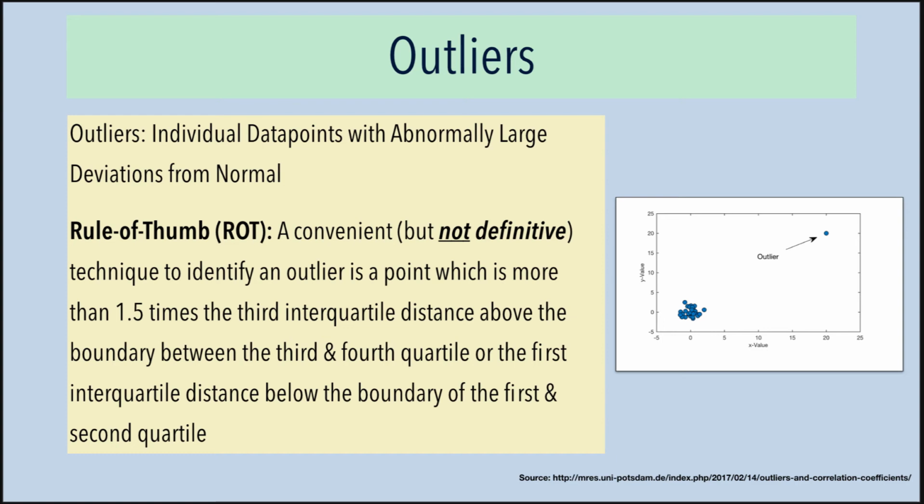A convenient but not definitive technique to identify an outlier is a point which is more than 1.5 times the third interquartile distance above the boundary between the third and fourth quartile, or the first interquartile distance below the boundary of the first and second quartile. You might pencil that out. It's a little bit hard to understand, but outliers are significantly outside the range of what we're talking about.